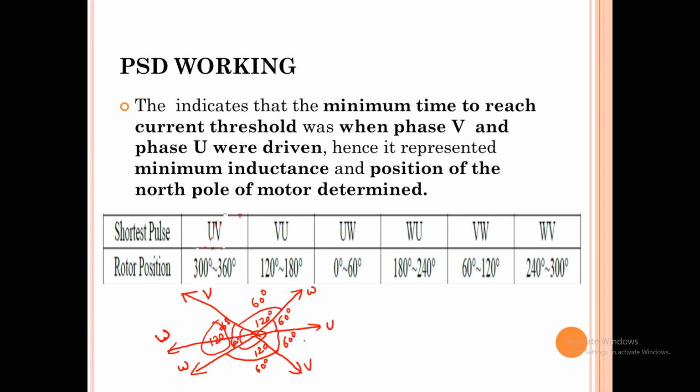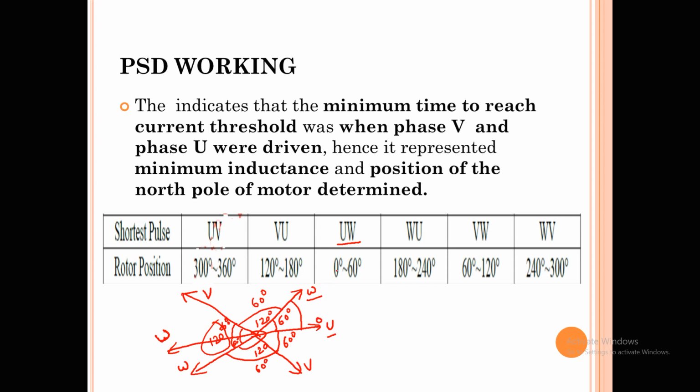So let's see the same sequence. I selected U and W. So U and W is from 0 degrees to 60 degrees, right?